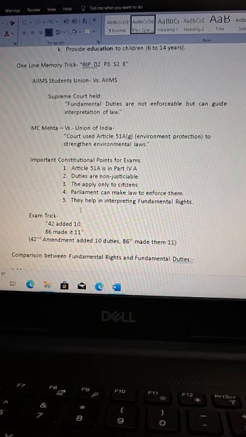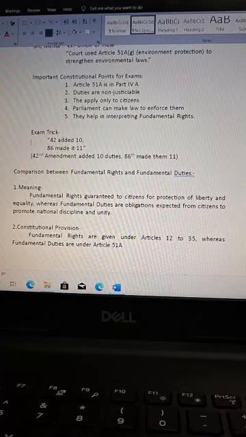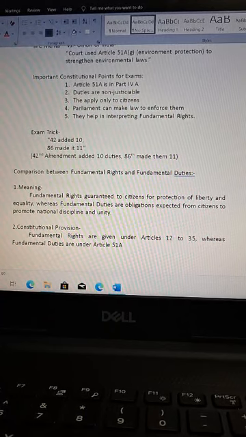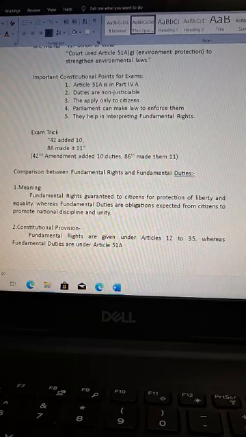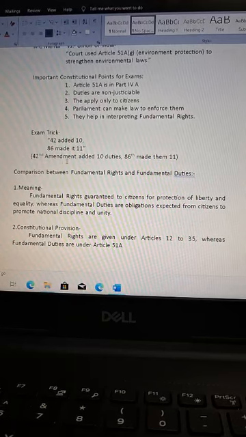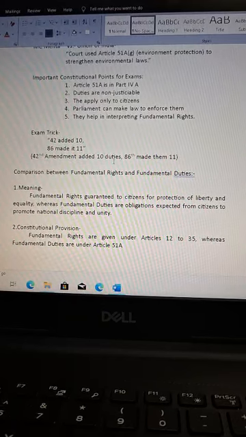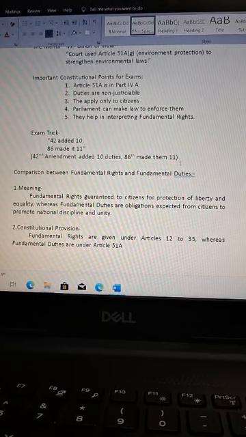Number 5, they help in interpreting fundamental rights. Exam trick is 42 added 10, 86 made it 11. Means 42nd Amendment added 10 duties and 86th made it 11.